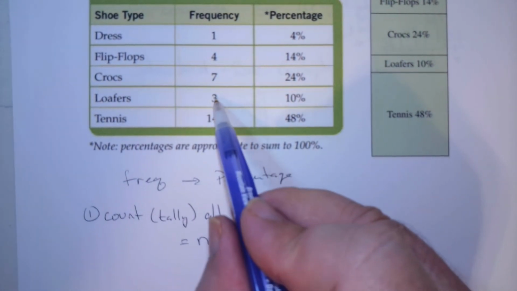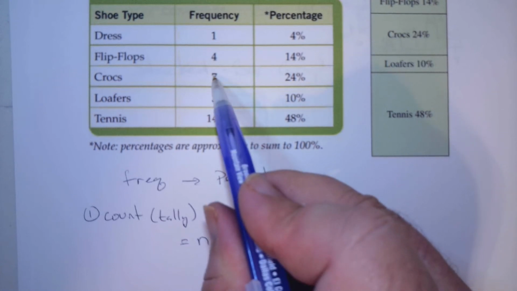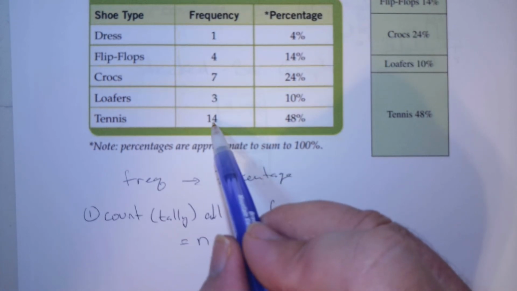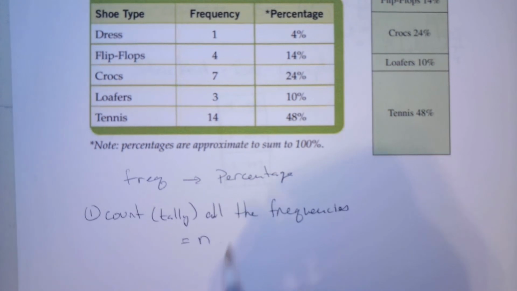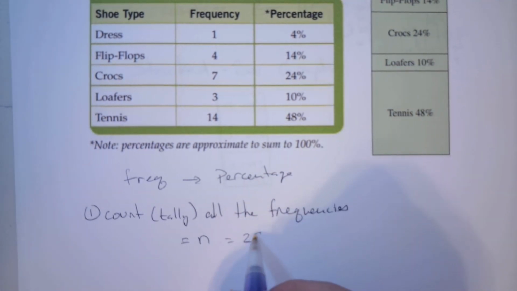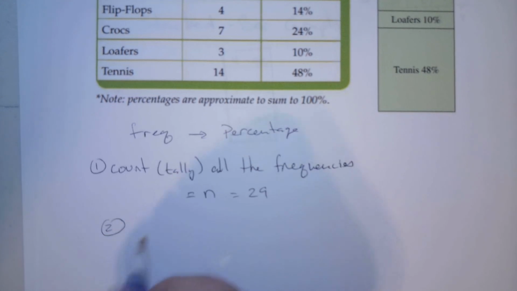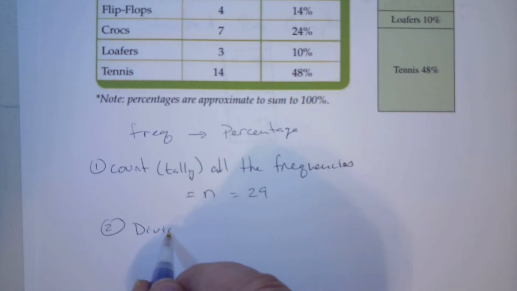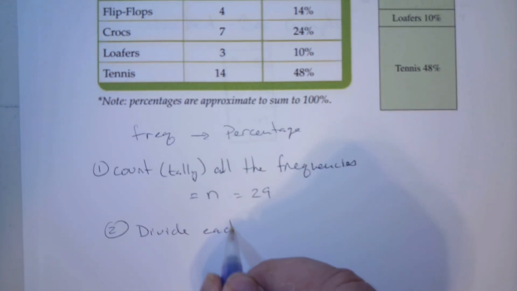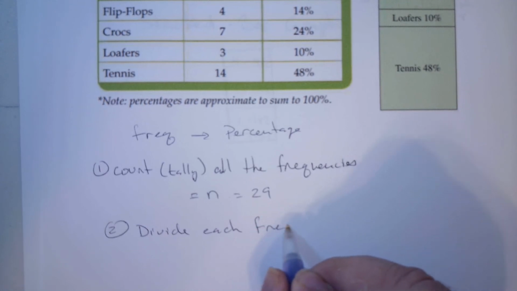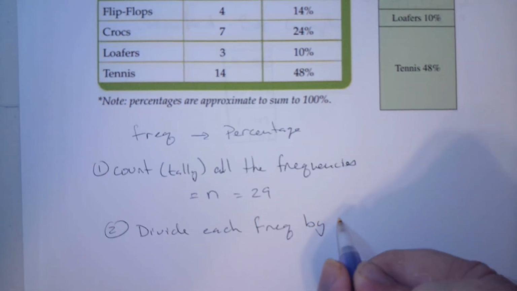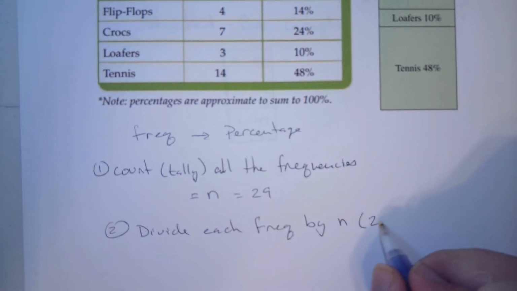So we have 7 plus 3 is 10, plus 14 is 24, 25, 29. So in this case, it equals 29. Then divide each frequency by n. In this case, it's 29.